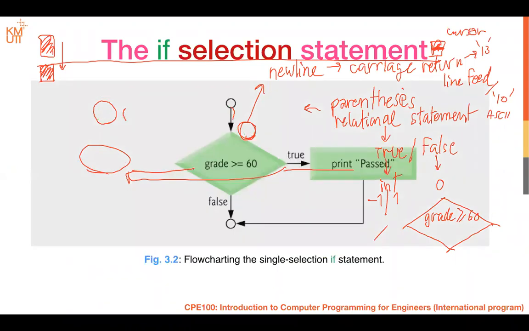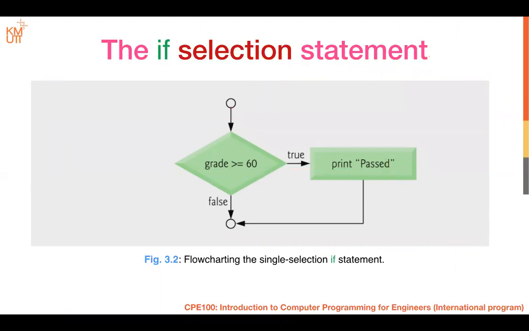Okay, the next slide I will show the flowchart of the if selection statement. As you can see, this is the diamond, right? Diamond means if statement. If you see a diamond, you can read it like: if grade is greater than or equal to 60, right? If it's true, print passed will be executed.